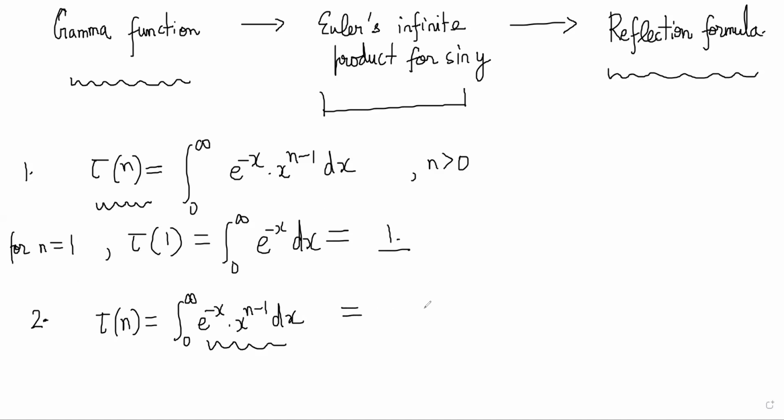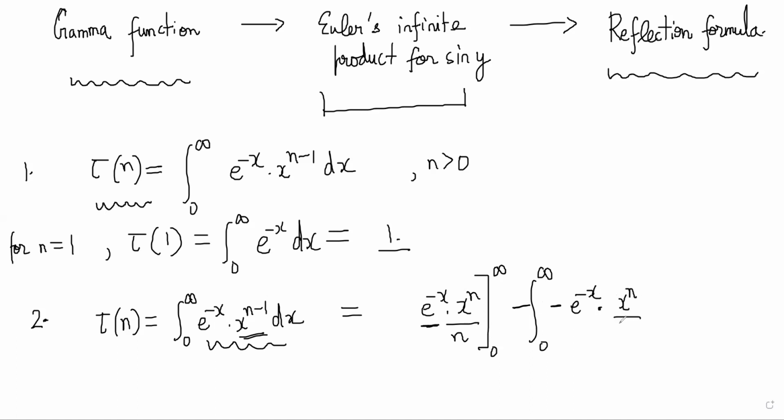My first function is e to the power minus x, and the second function is integrated, so that becomes x to the power n by n. Limits are 0 to infinity, minus the integral from 0 to infinity of the derivative of the first function, with the integrated second function kept as it is, x to the power n by n dx, right? So this is when you integrate by parts here.